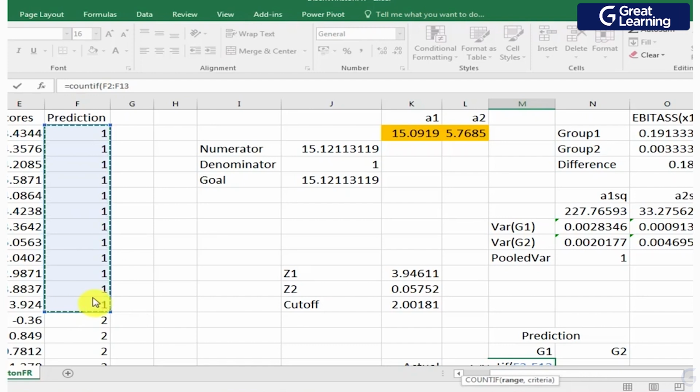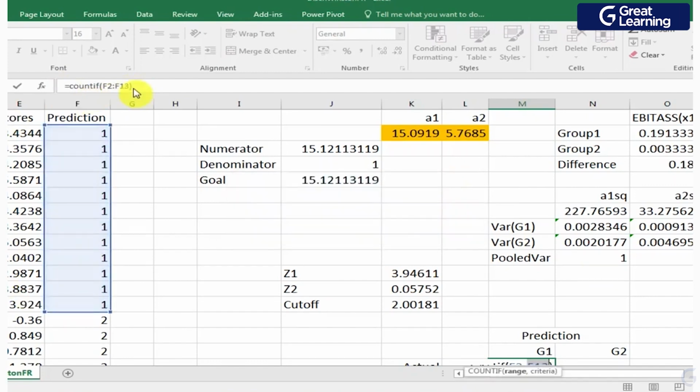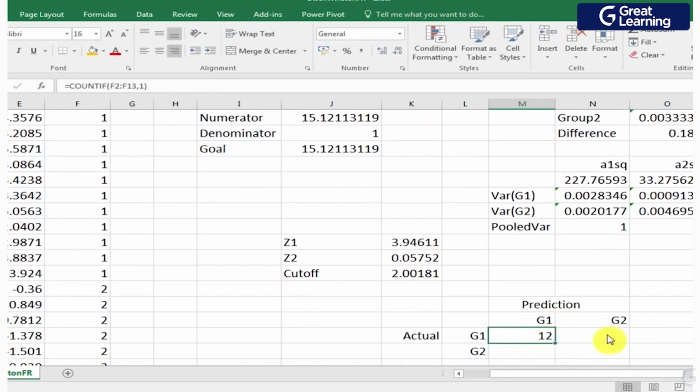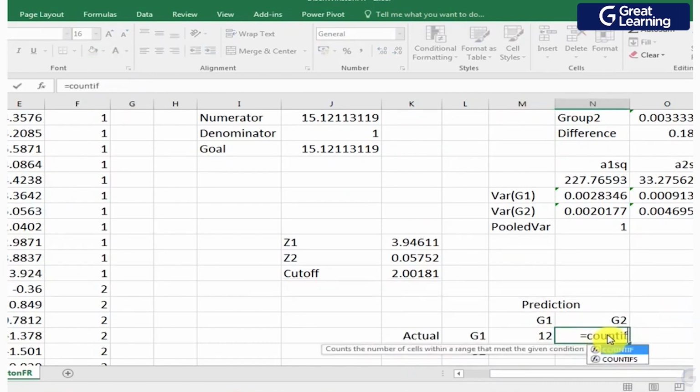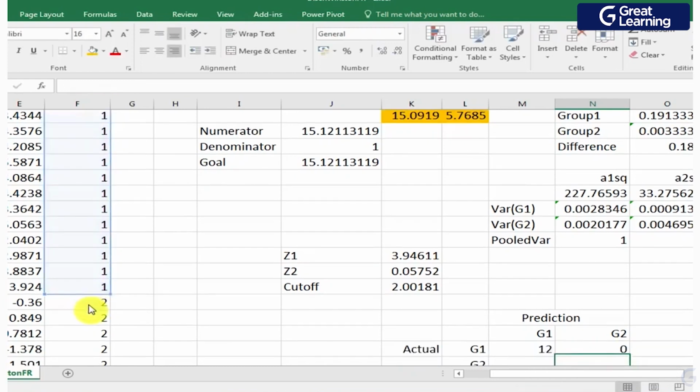If you count it, how many ones are there? Sorry, comma 1, comma 1, 12. Now is equal to COUNTIF, by chance any 2 is there. In this case it is not there. We don't have to struggle. Comma 2, 0.